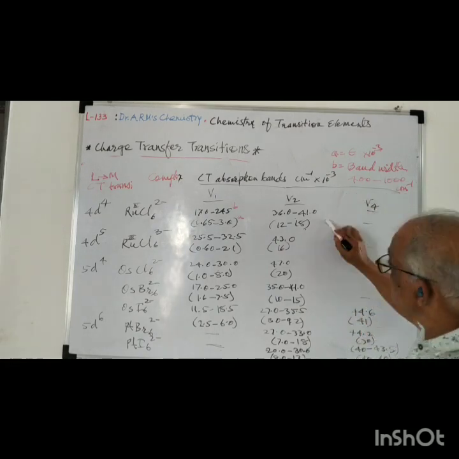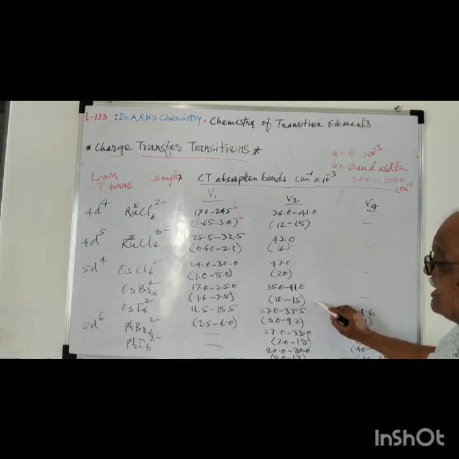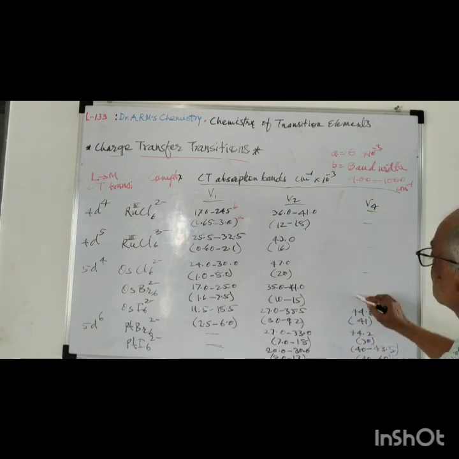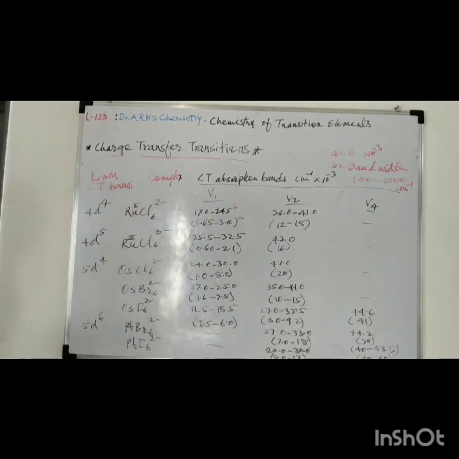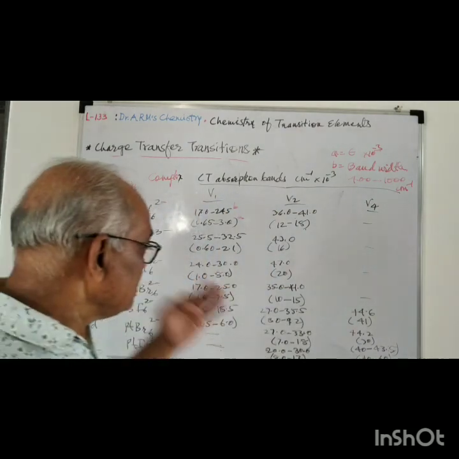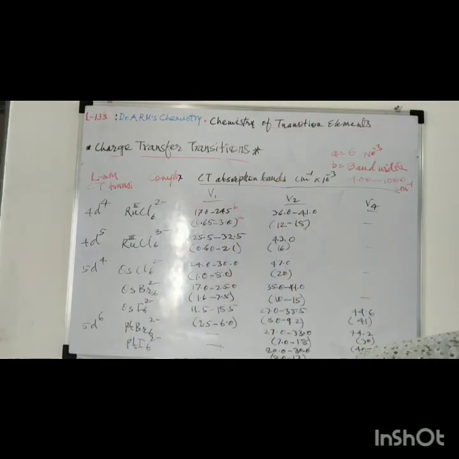But you will find that in these cases, up to this osmium bromide, OsBr6 2-, the V4 transitions are missing here because these are very low energy transitions.